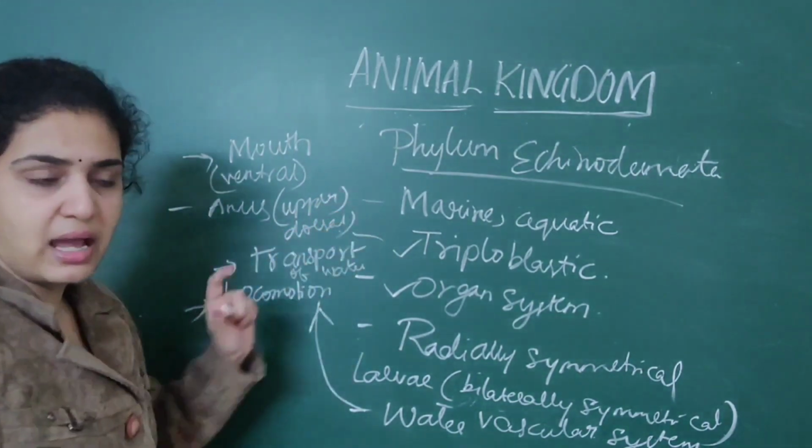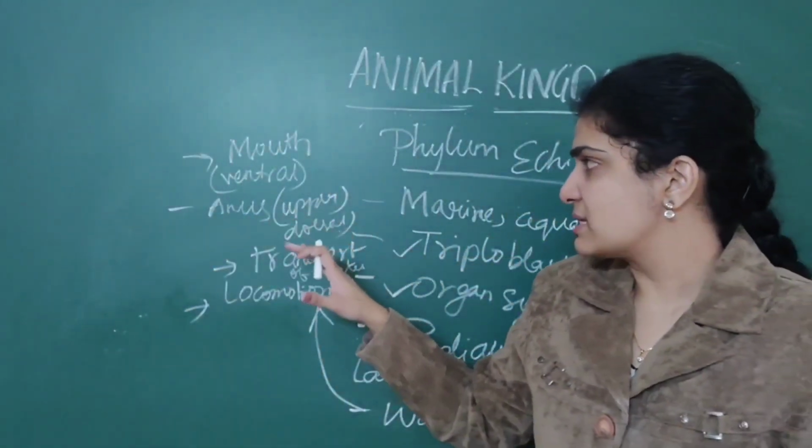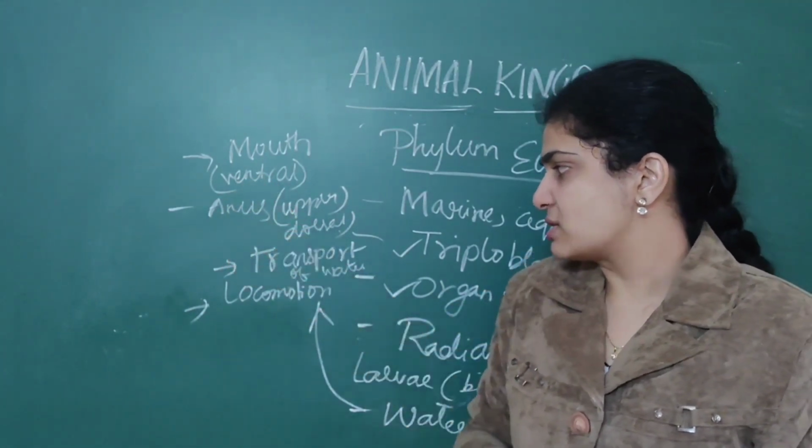Only for this phyla the digestive system is well developed, with the mouth on the ventral side and the anus on the dorsal side.